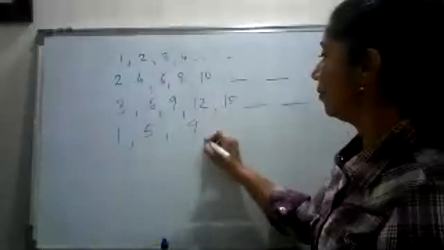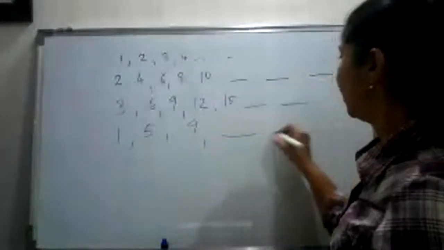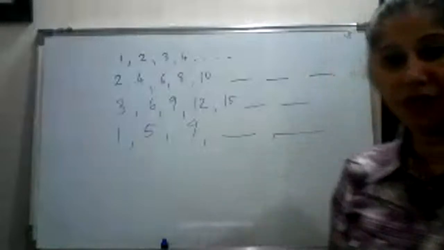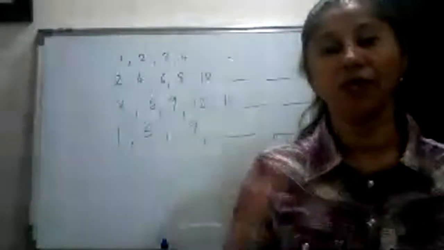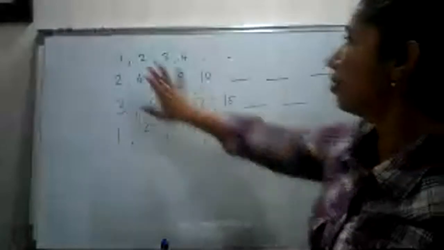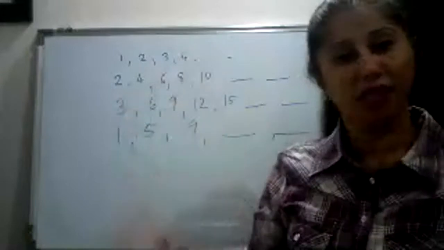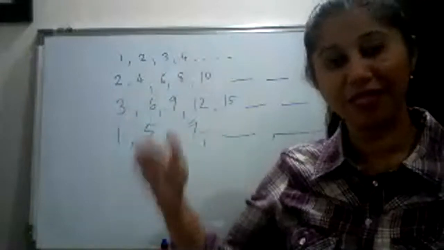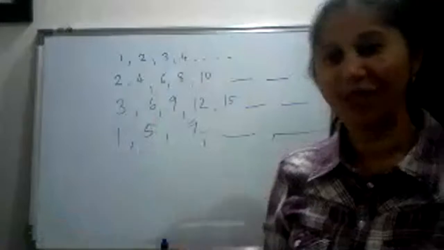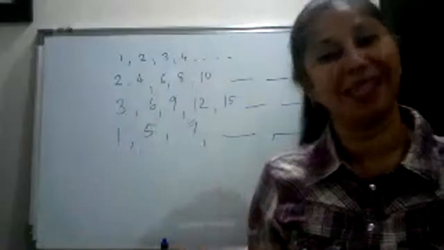I hope you are observing the numbers. If I look at these numbers, you could see 1, 2, 3, 4, and if I tell you ahead, you could answer it as 5, 6, 7, 8, right? You are familiar with these numbers as natural numbers.